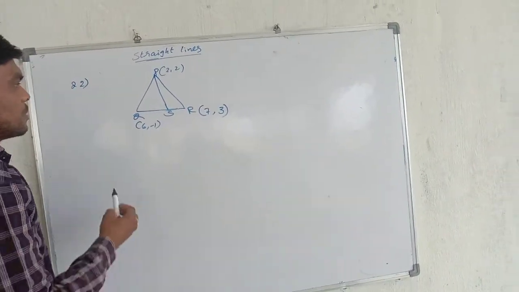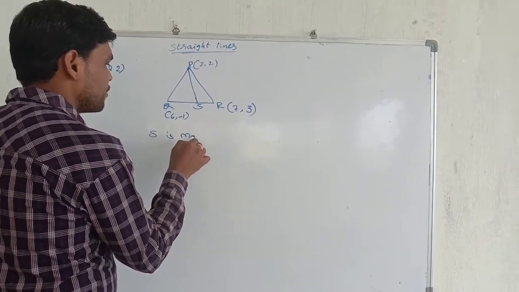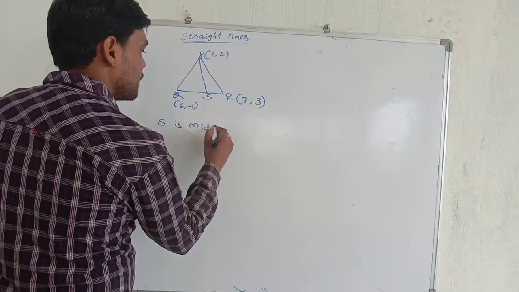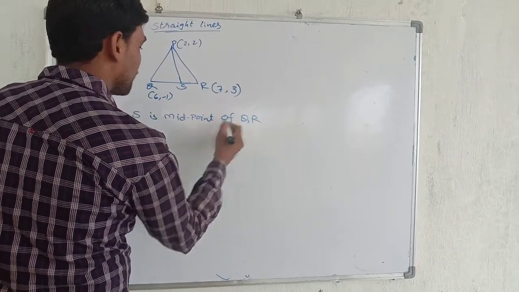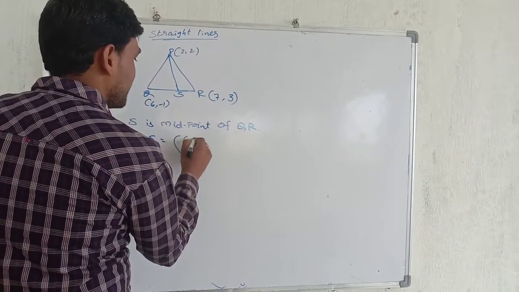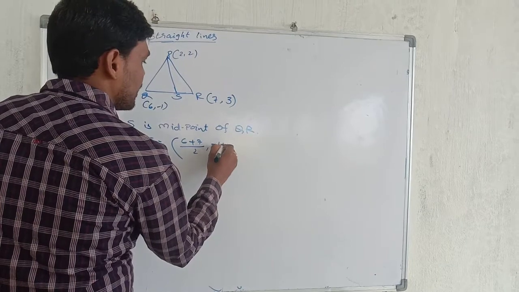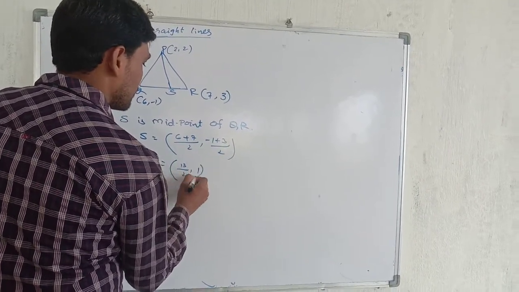So S is the midpoint of QR, which is x1 plus x2 by 2 comma y1 plus y2 by 2, and this is 13 by 2 comma 1.